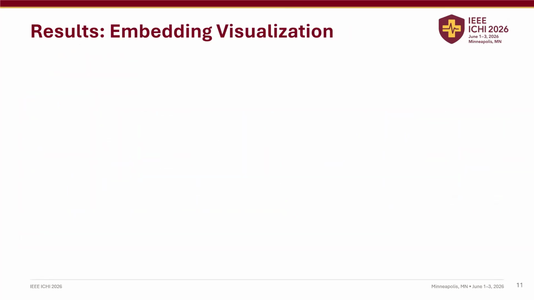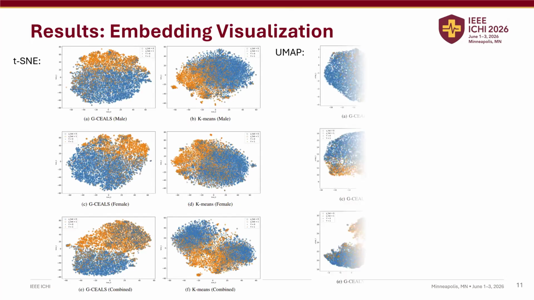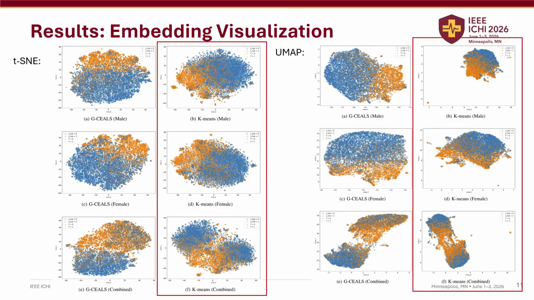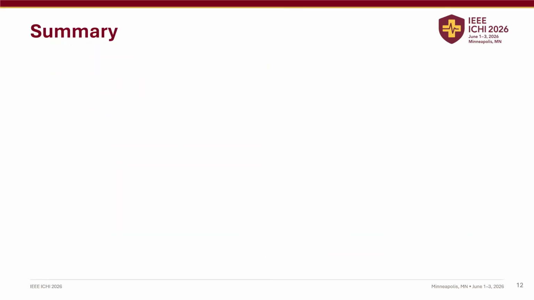To visually validate this mathematical boundary, we project our high-dimensional space into 2D using a t-SNE plot and a UMAP plot. For both visualizations across all patient cohorts, k-means on the raw space shows a massive amount of overlap. In contrast, G-cells yields more diffuse, cluster-friendly structures with visibly clear separation between patient groups.